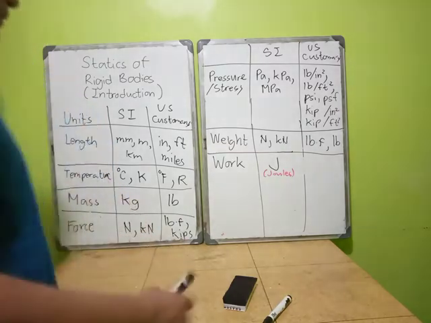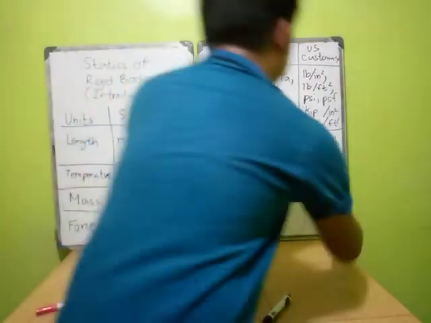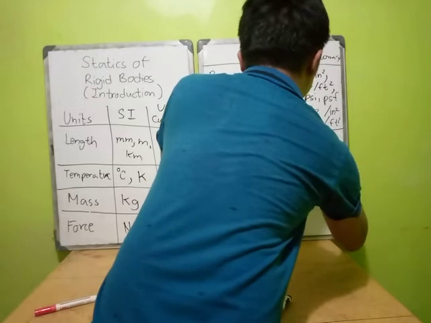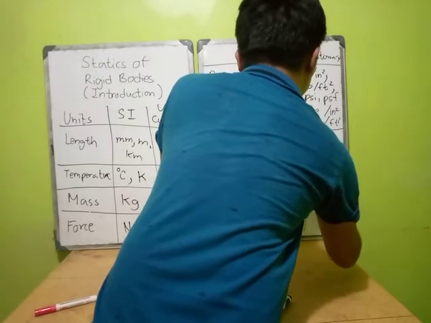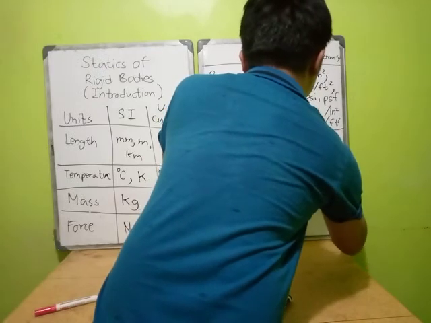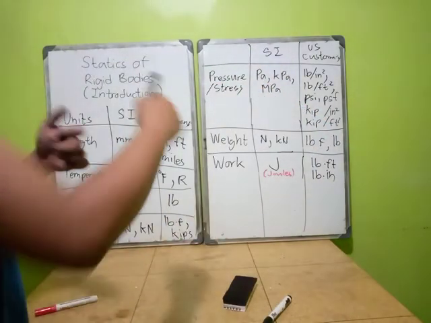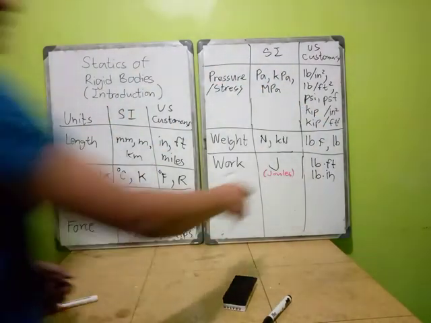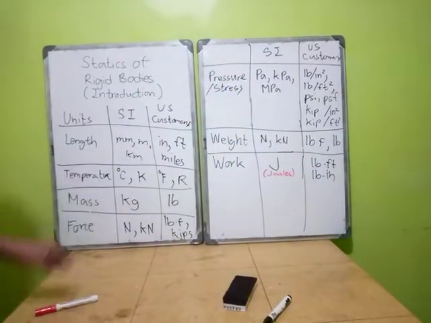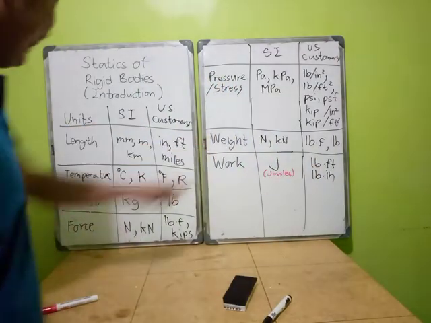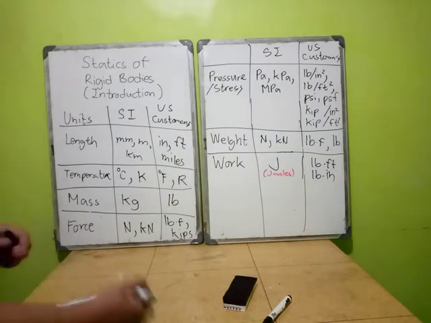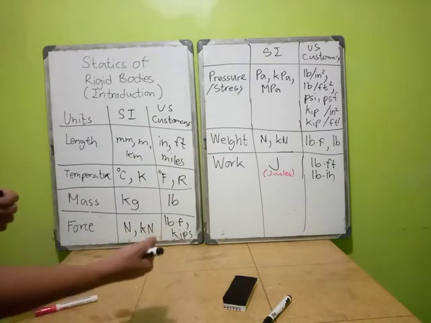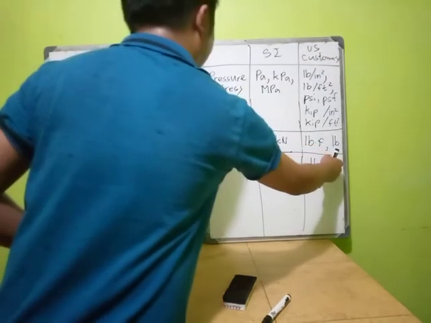Ito sa US customary, ang madalas ginagamit, libra times feet. Libra, inch, or pounds, foot, pounds, inch. Okay? So, yung gagamitin mo dito na pounds is in terms of weight or force. Okay? Kung force siya, hinihila siya, so, libra, foot. Okay?